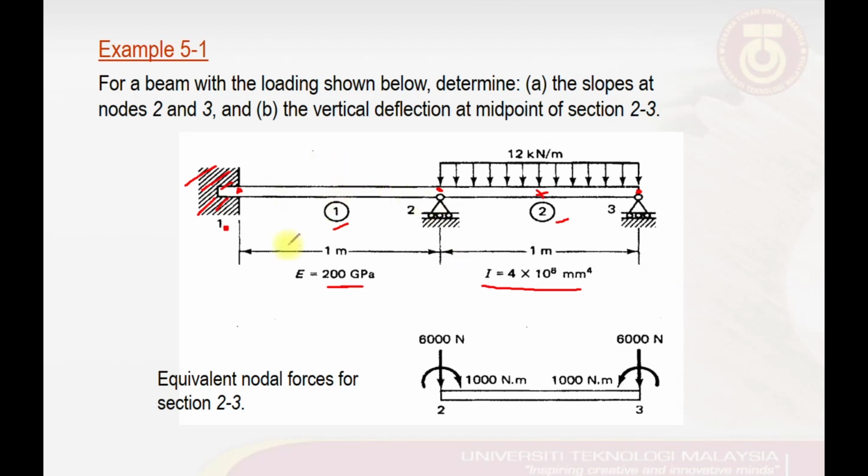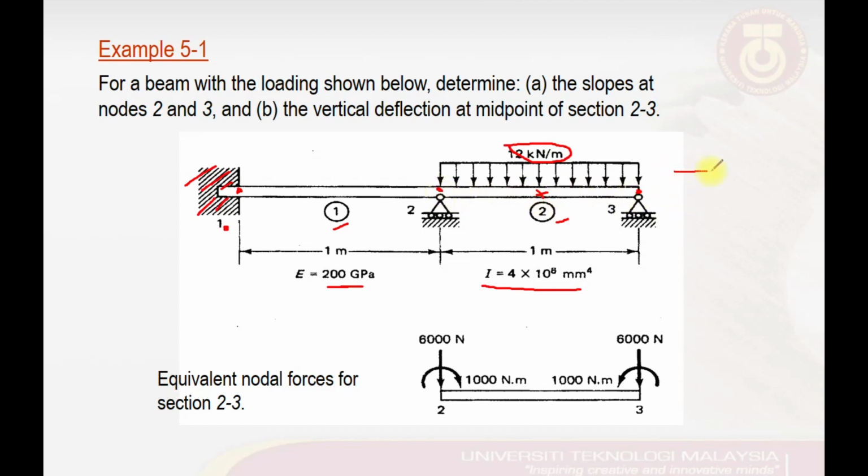So for element number 1, there is no load applied there, so we can skip this part. But for element number 2, we have a uniform distributed load of 12 kilonewton per meter acting all over element number 2.